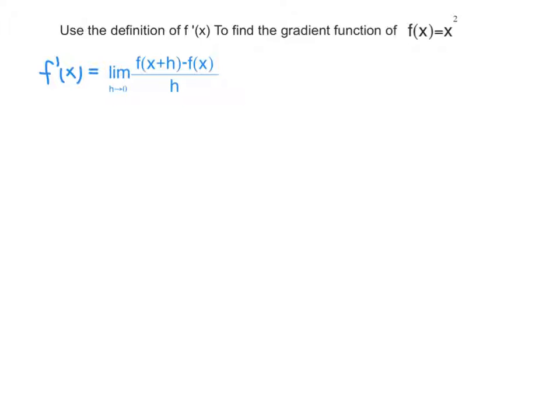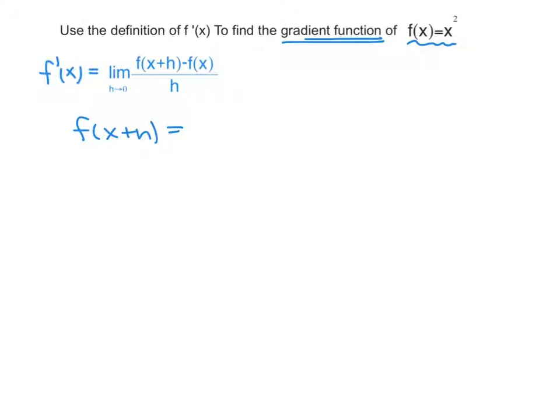Use the definition of derivative to find the gradient function of f of x is equal to x squared. What the question is suggesting is find the gradient function, the slope function that generates all of the slopes on f of x. So using the definition of the limit, first we need to calculate f of x plus h. f of x is equal to x squared.